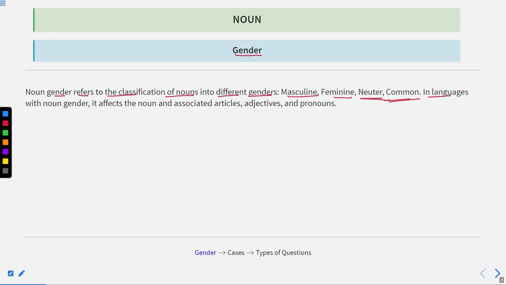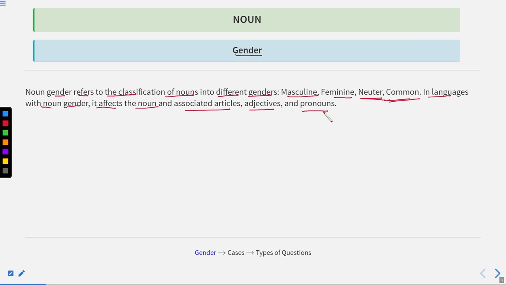In languages with noun gender, it affects the noun and associated articles, adjectives and pronouns. Now, why is this gender necessary to learn? Just because whenever we write a sentence, we write a noun in that, and the other parts of speech which are associated with noun, that is adjectives, as we know well that adjectives qualify noun, or any determiner.